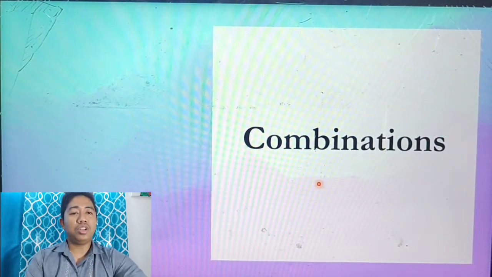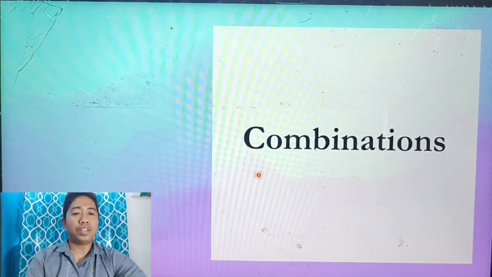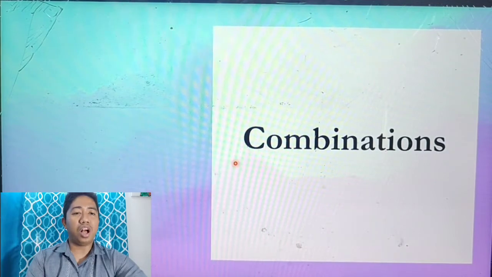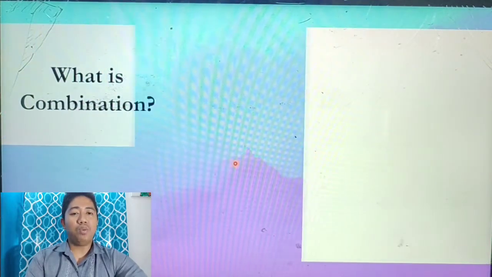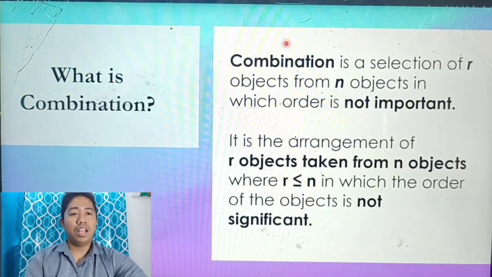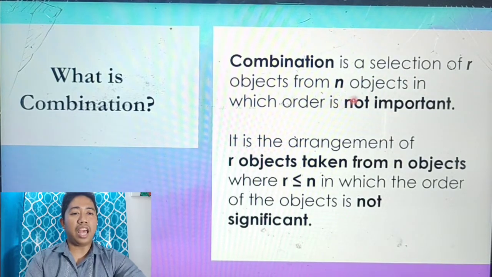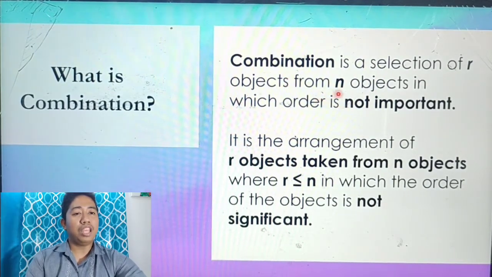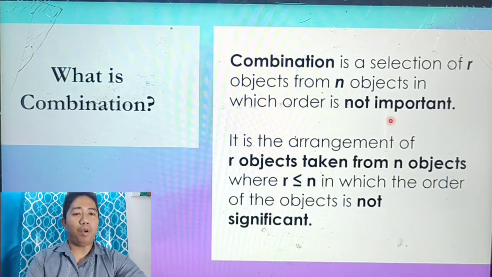In relation to this discovery, we now introduce combinations. What is a combination? A combination is a selection of r objects taken from n objects in which order is not important, meaning it is the selection of objects taken from the whole set of objects when order is not important.